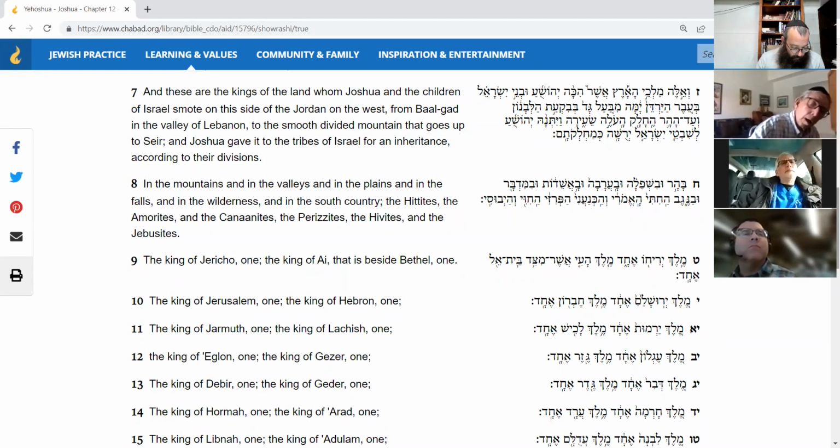Another thing I want to talk about, and I've heard this a number of times: why are there so many kings in such a small country? One of the ways it was explained, which I saw in the commentaries, is that Israel was the best location. Every king wanted a palace in Israel.